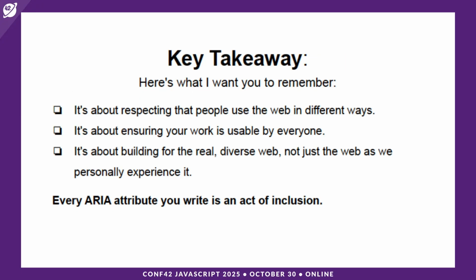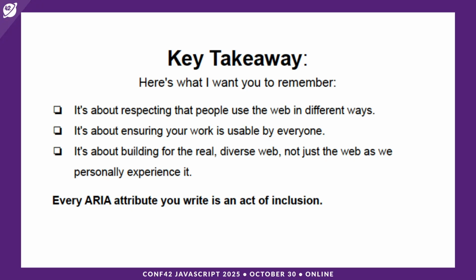So the key takeaway, what I want you to really remember, is that ARIA should not be just a checklist or something like that. It's about respect. It's about respecting that people use the web in different ways. And it's about ensuring that what you build is usable by everyone, okay? And it's not just the web as we personally experience it.